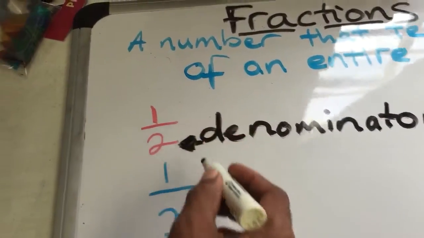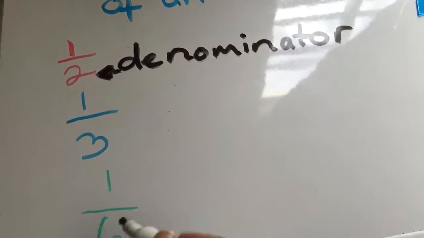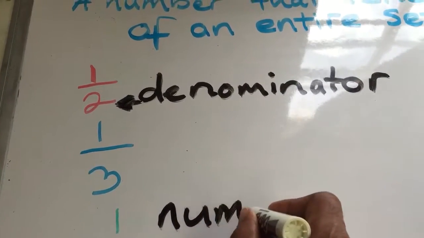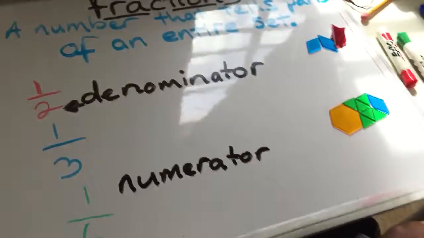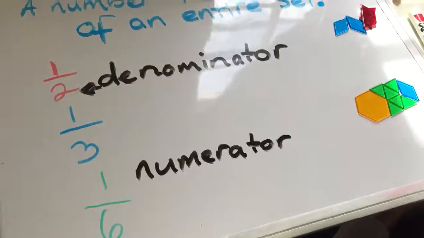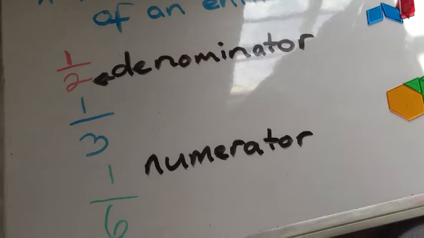And on the top you have a numerator. The numerator tells you how many of the parts or set are being used. So you have the denominator and the numerator.